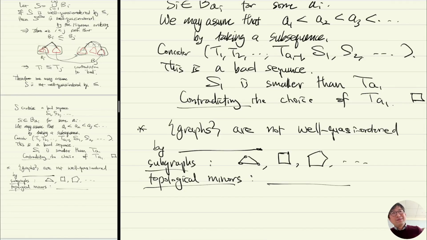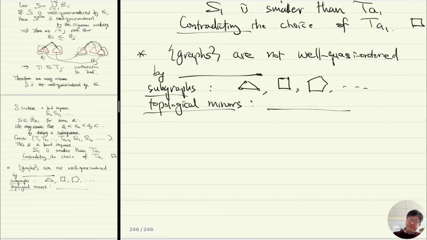Okay, so today we'll start by having a small survey on the Graph Minors Theorem. Lecture 24, right?